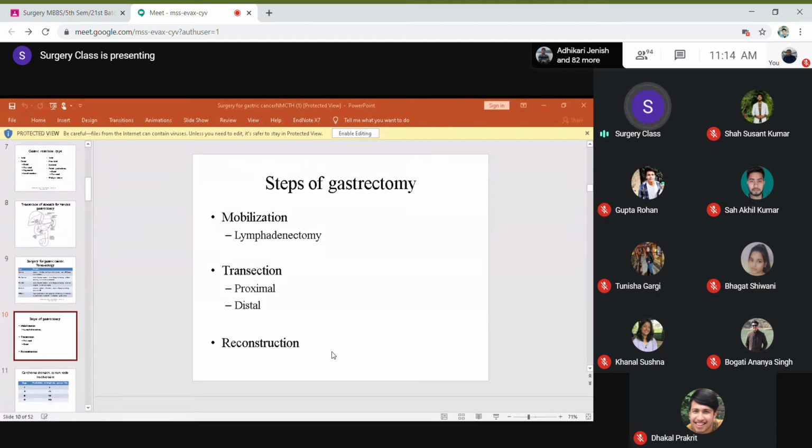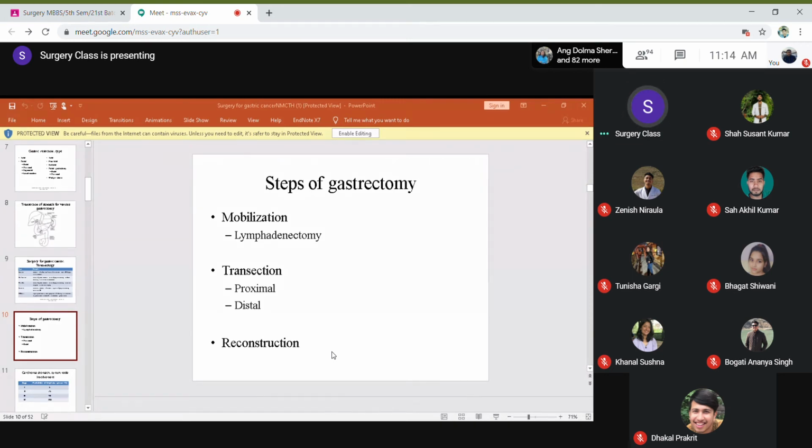So that is also applicable for benign disease. But for malignant disease, you will say I'll do a D2 distal gastrectomy with Billroth 1 reconstruction, or a subtotal D2 gastrectomy with Billroth 2 gastrojejunostomy.